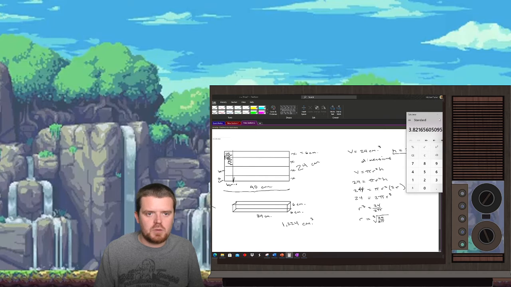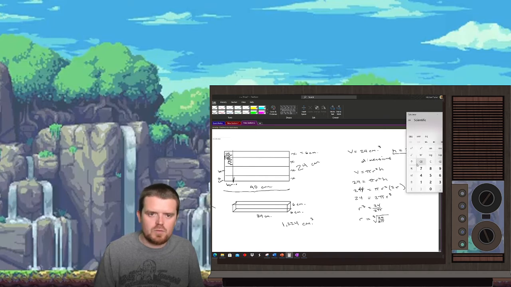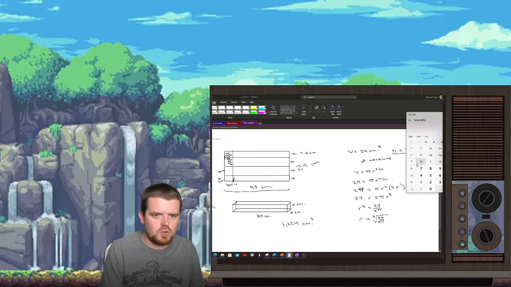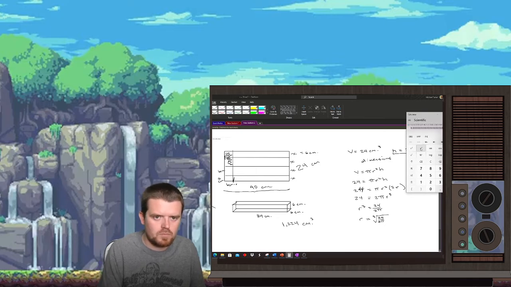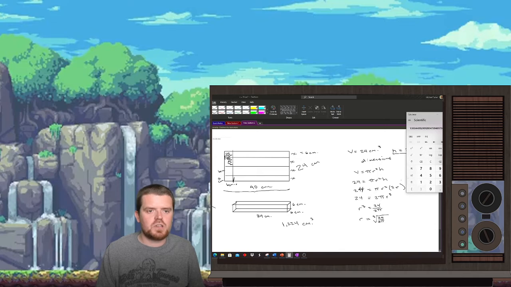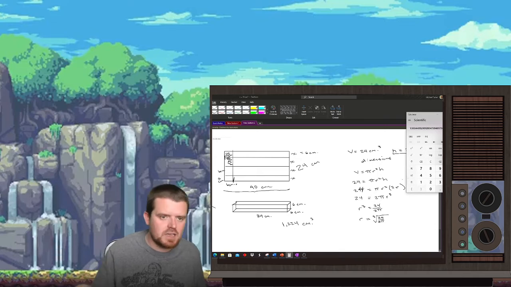Depending on your calculator, you might need to switch it up a little bit here. That's fine. 24 divided by 2 times pi, and then I want the cube root of that answer. Which gives me approximately 1.563.